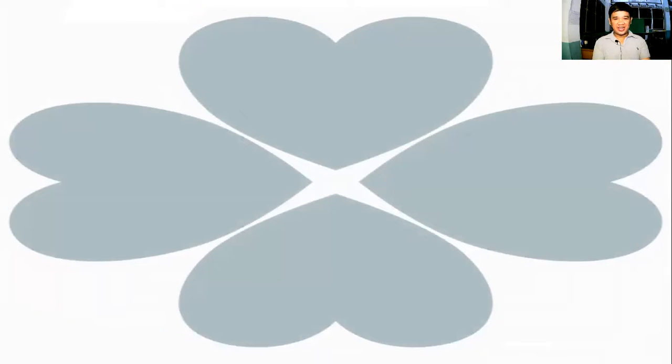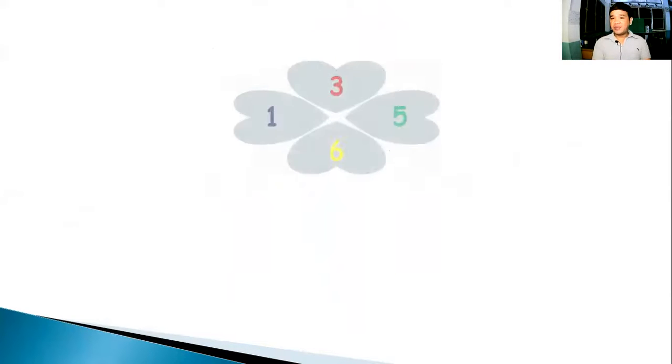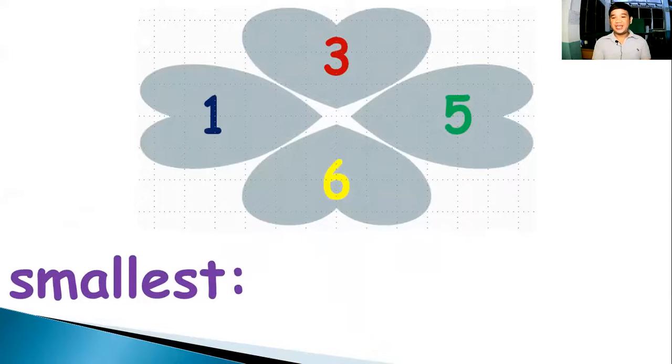Okay, we have 3, 1, 6, and 5. Now, let us identify which is the smallest and which is the greatest.